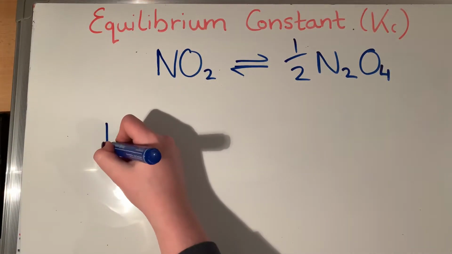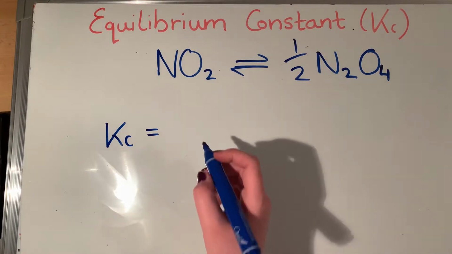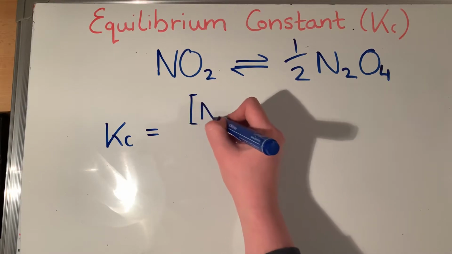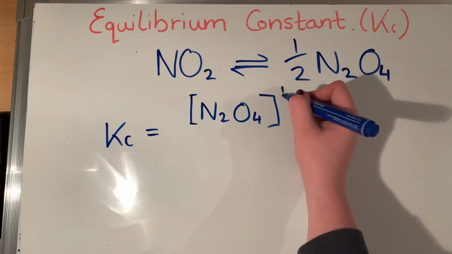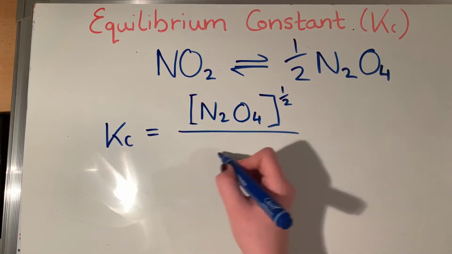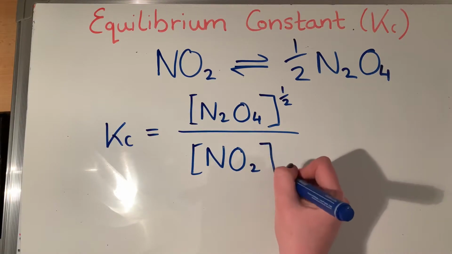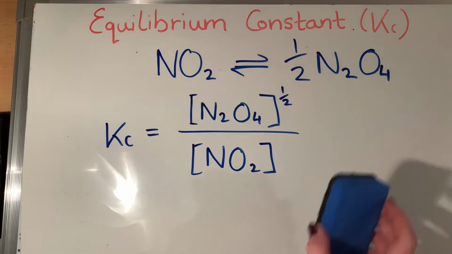Again, our Kc, our equilibrium constant expression, is going to be our products over our reactants. So [N2O4] to the power of a half over [NO2]. And that is it. I'll do one more, the last one in this question.